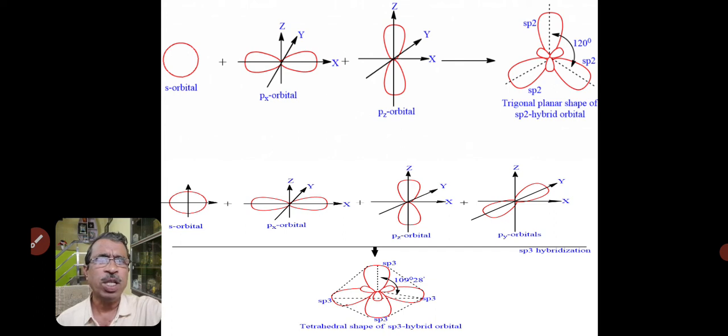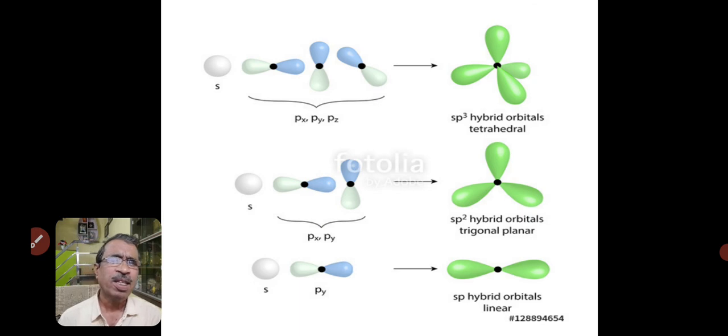The first case shows sp2 hybridization. In the second stage, sp3 hybridization is shown. This is another slide showing sp3, sp2 and sp hybridization.